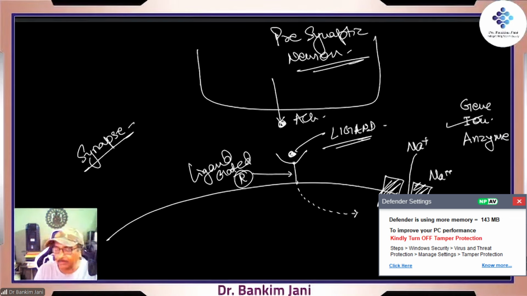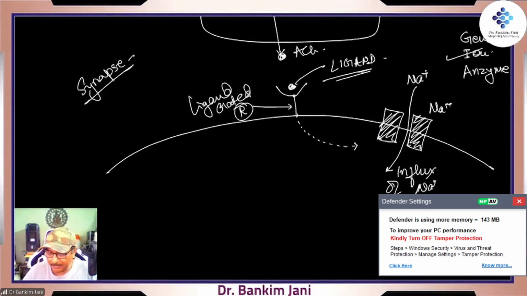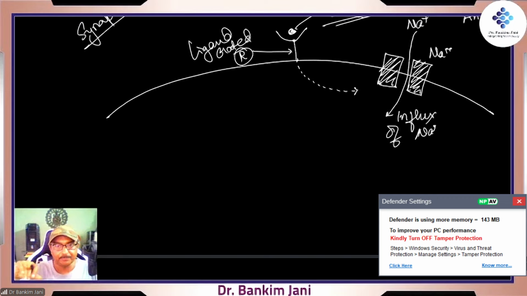Why should sodium move in? Sodium is more outside, less inside. When the gates are open, it's just flow. So the sodium has come in, that means a positive thing has come in. So it is the influx of sodium. When there is influx of sodium, the cell will become positive.